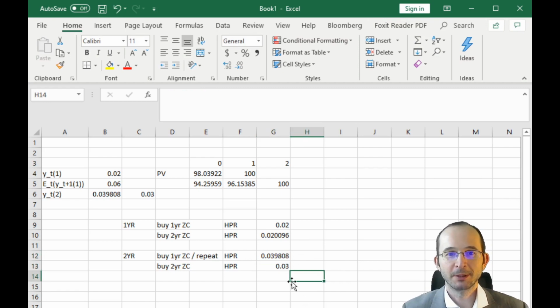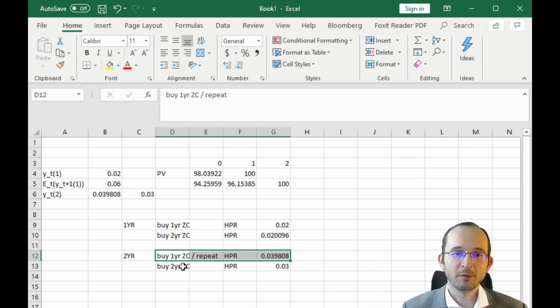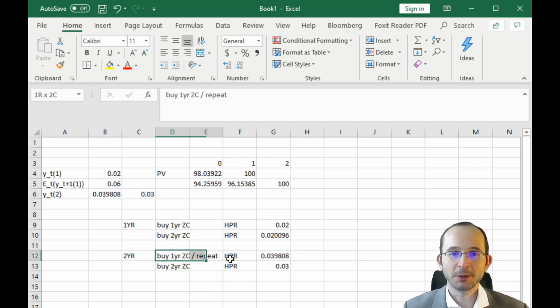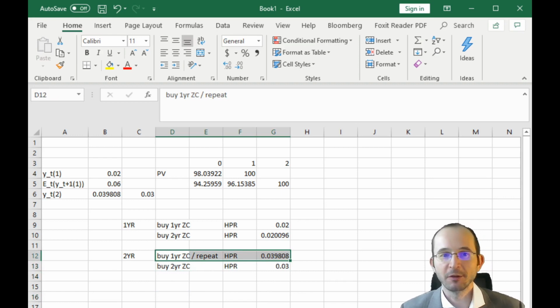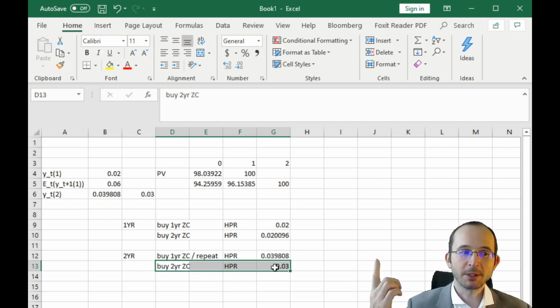So that would make this strategy of investing in the short term for 2 years superior to the strategy of investing in the long term just once. That means that a savvy investor would probably want to borrow at this 2-year rate, and they'd want to lend at this rate, making essentially free profit. That would actually push down the 2-year zero coupon bond's price and push up its yield.